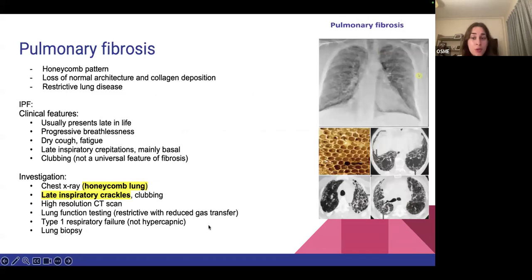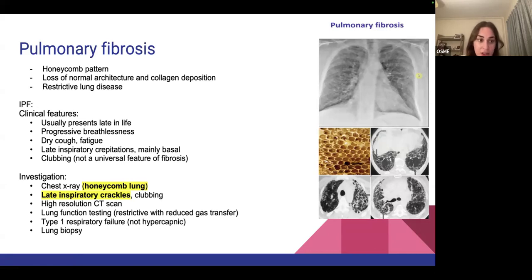So for pulmonary fibrosis, now we're going into the restrictive lung diseases. The question stem will often say on samples or even on CT scans, it looks a bit like honeycomb. This is because you've lost the normal architecture of the lungs because there's fibrosis and collagen deposition.